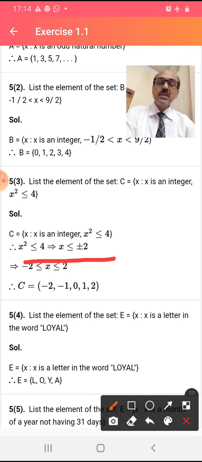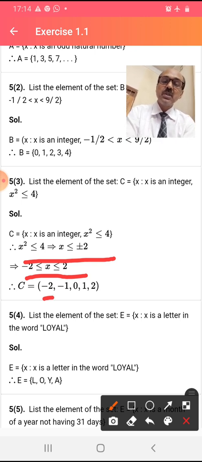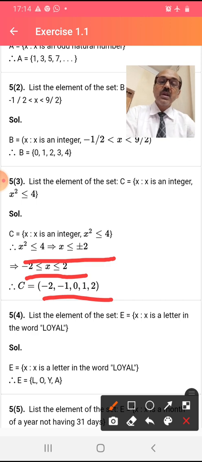And that means x is between minus 2 and 2, so minus 2 less than or equal to x less than or equal to 2. The equal sign is there, so including minus 2 and 2 also. So minus 2, comma, minus 1, comma 0, comma 1, comma 2. So these are the elements.